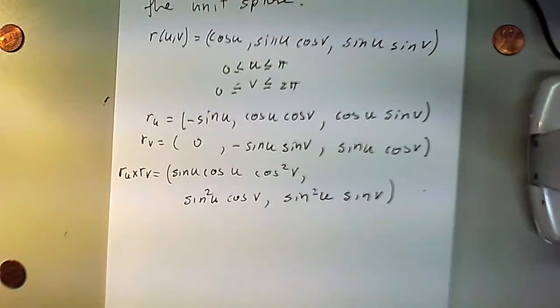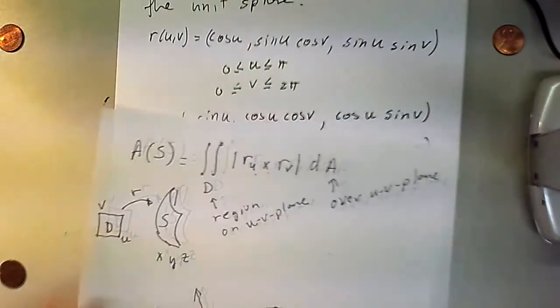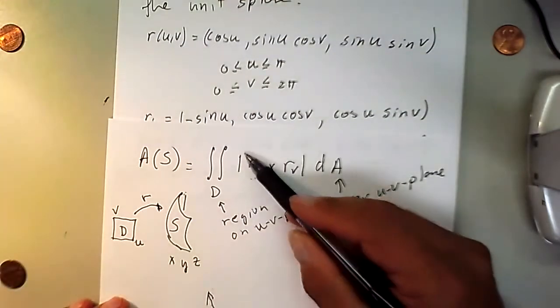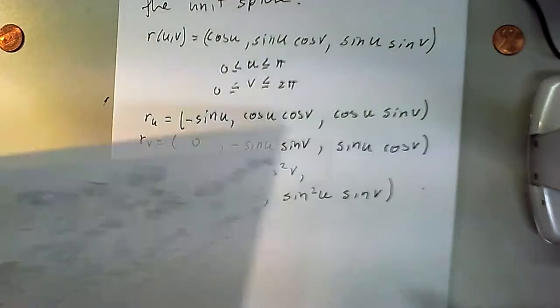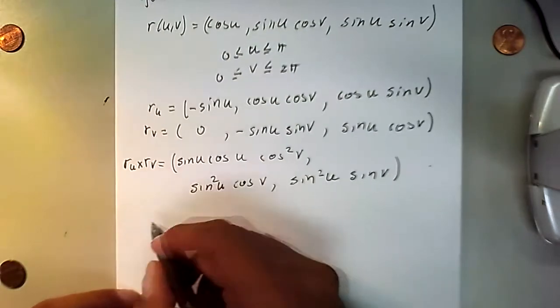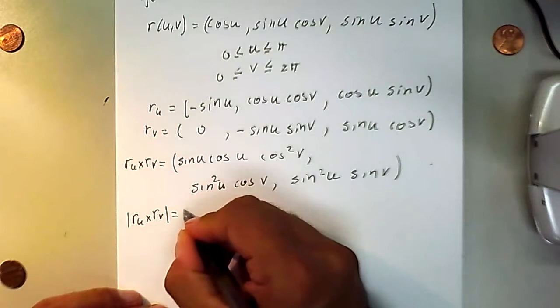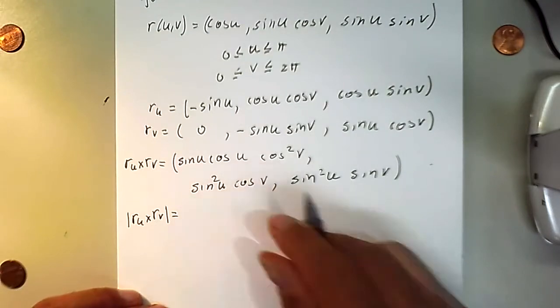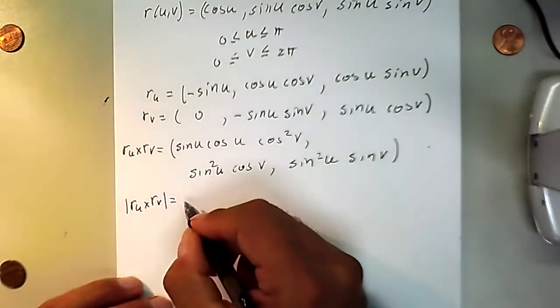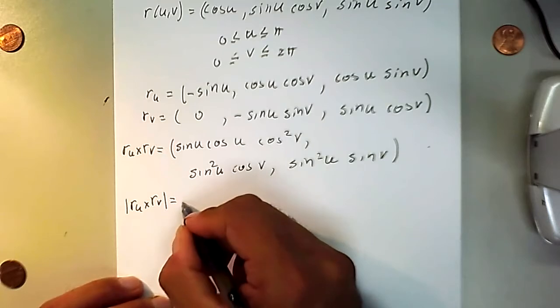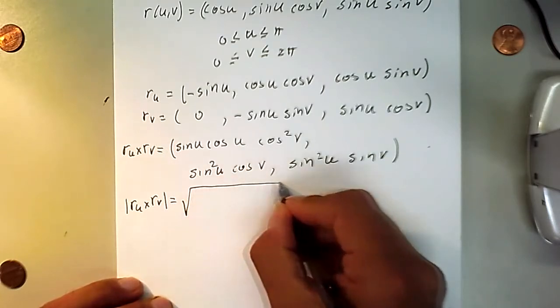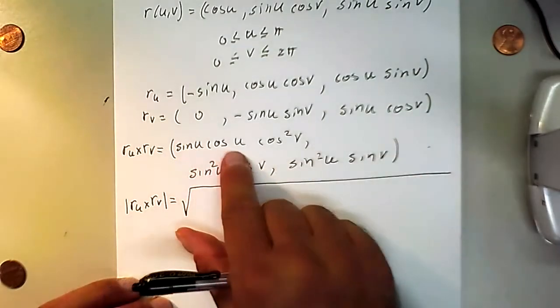Next, according to our formula for the surface area, we found the cross product, so the magnitude of r_u cross r_v is going to be, okay, let's see, a square root. We're going to square this first.